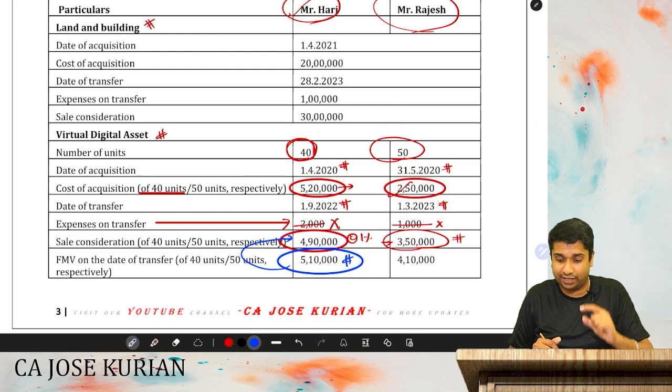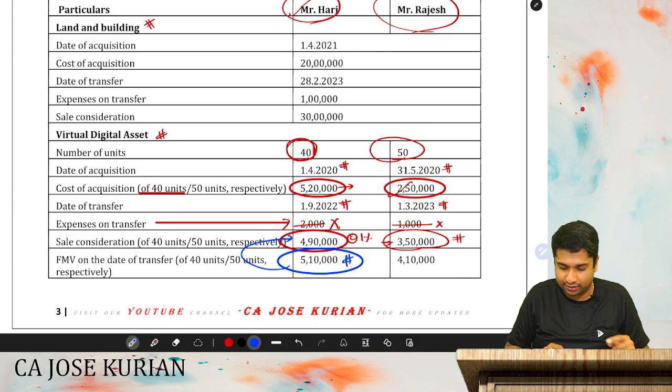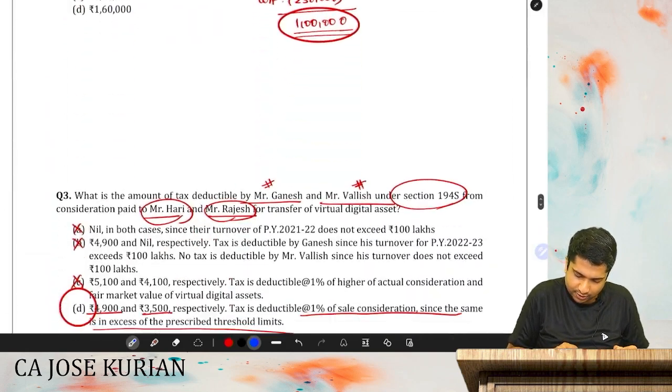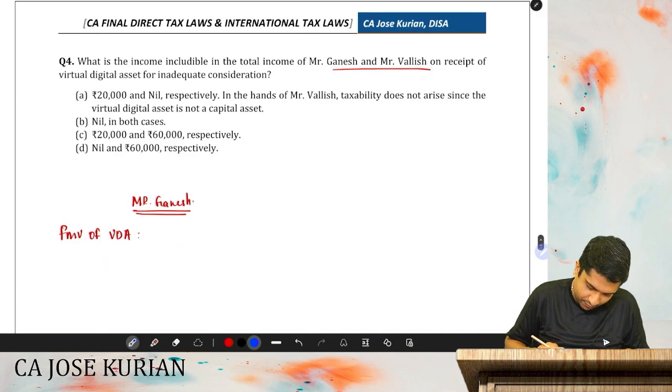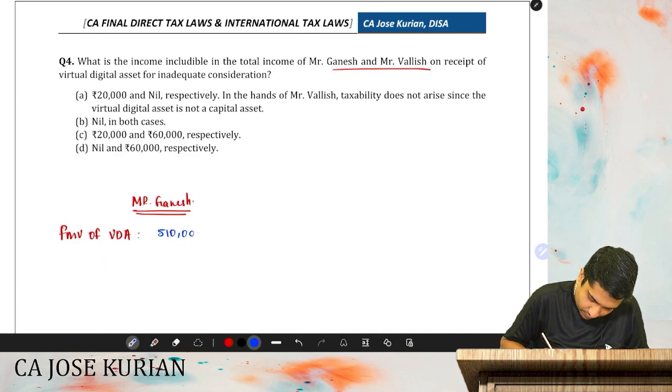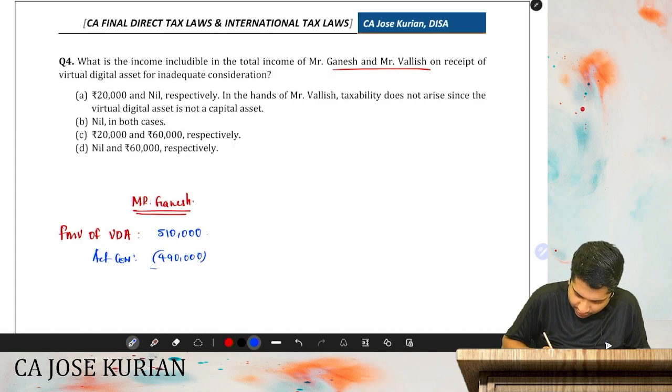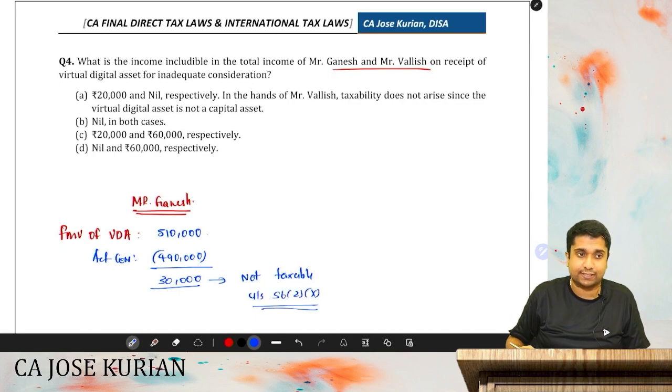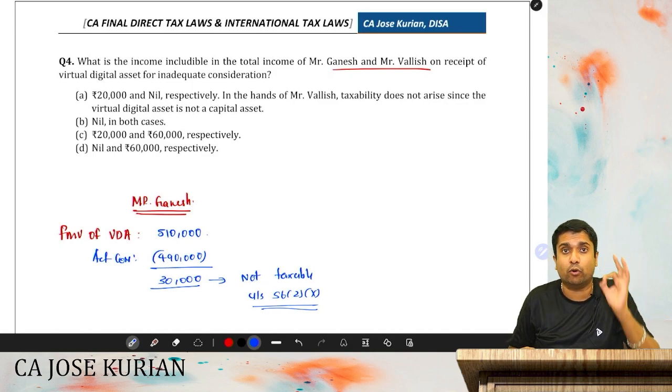So how much is the inadequate consideration, friends? 5 lakh 10 minus 4 lakh 90. The difference of consideration is only 30,000 and hence not taxable under section 56(2)(x). For taxing an income under 56(2)(x), the difference of amount should be more than 50,000.